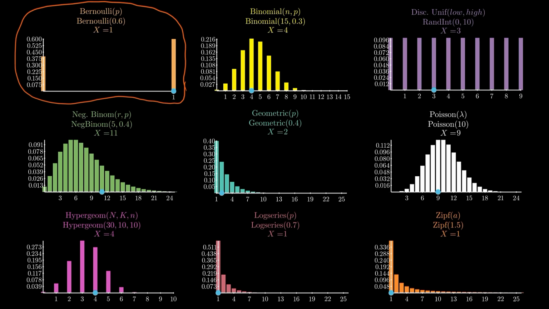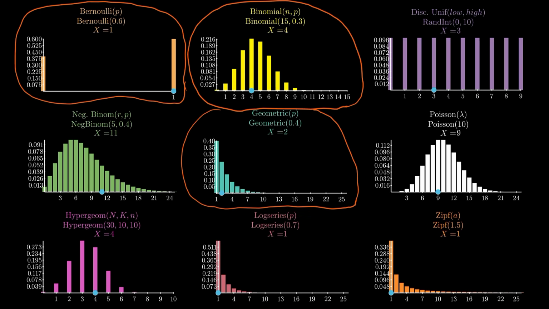We've seen the binomial(n, p) distribution arise as the distribution of the number of successes in n IID trials, each with probability lowercase p of success. We've seen the geometric distribution as that of the number of trials until the first success.